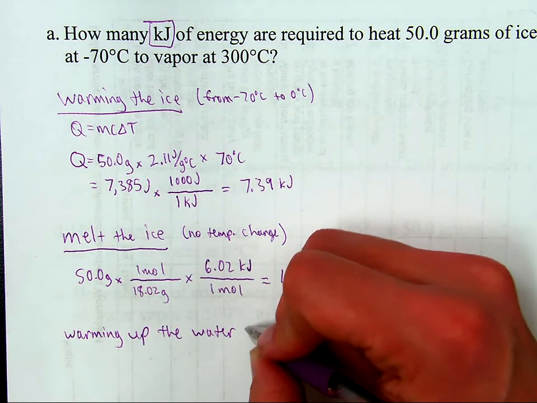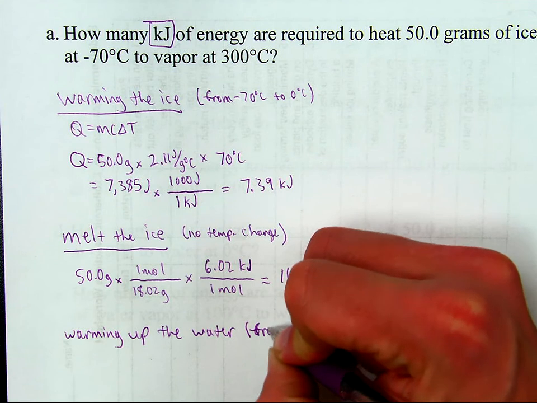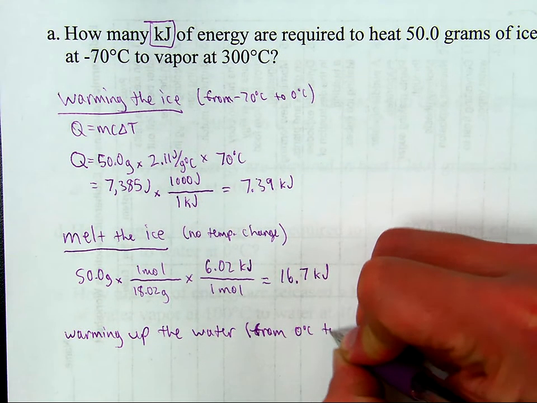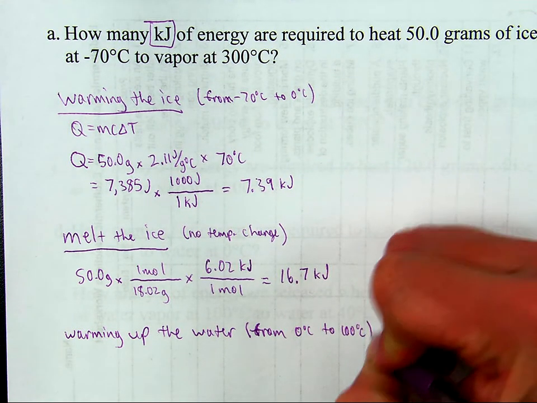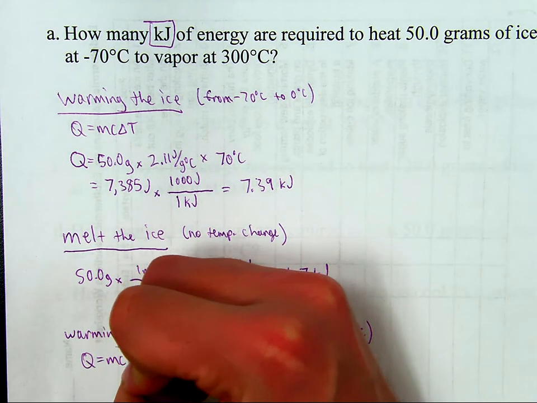Since a temperature change is involved from 0 degrees Celsius to 100, that means you're going to have Q equals mc delta T again.